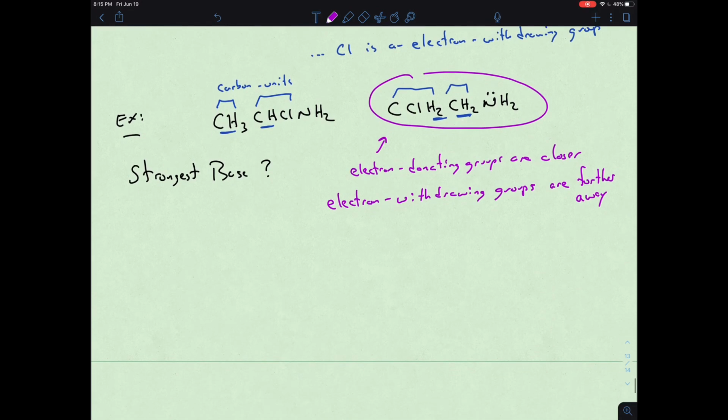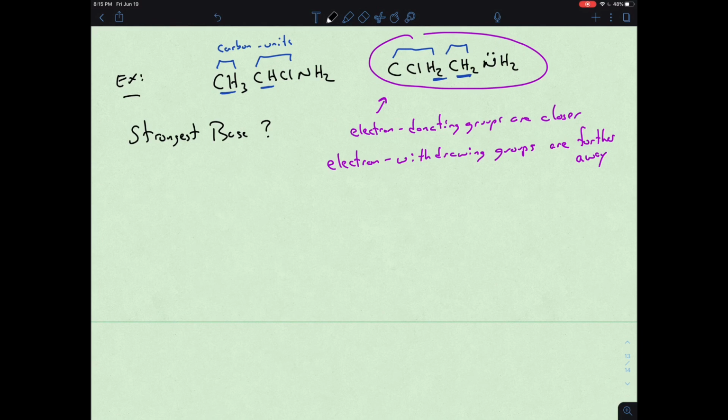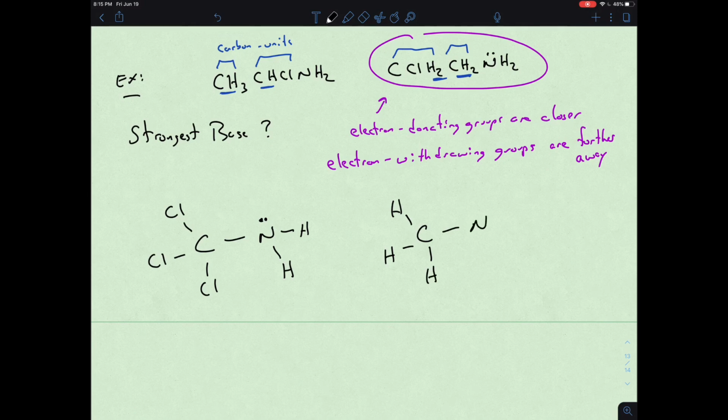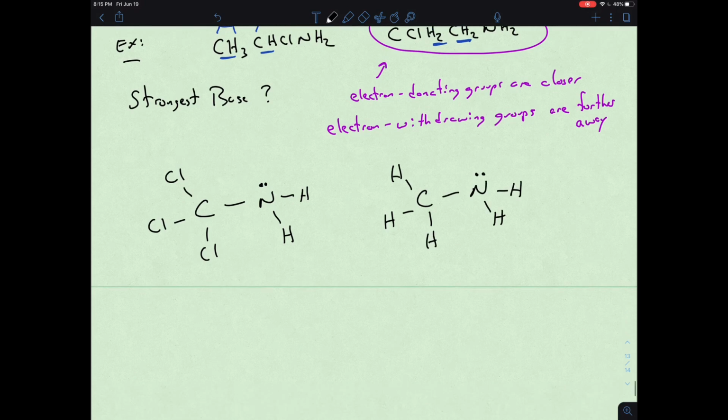And we can see that pictorially as well, much like we did earlier, by looking at two molecules that just differ with that substitution on the carbon atom.